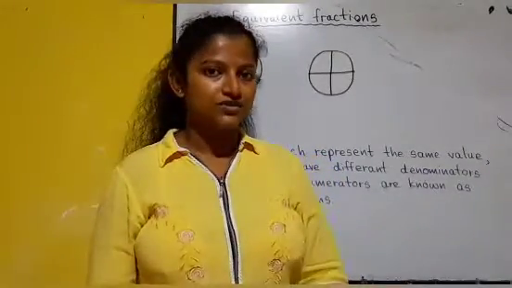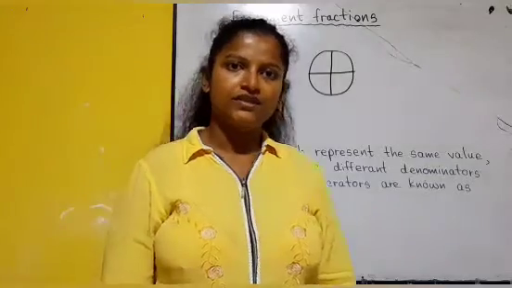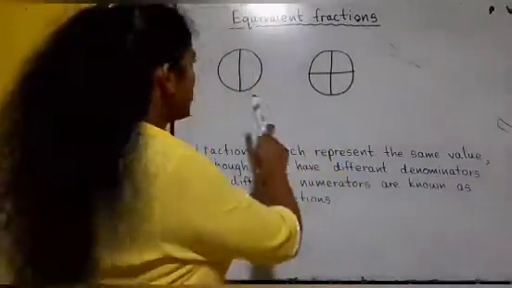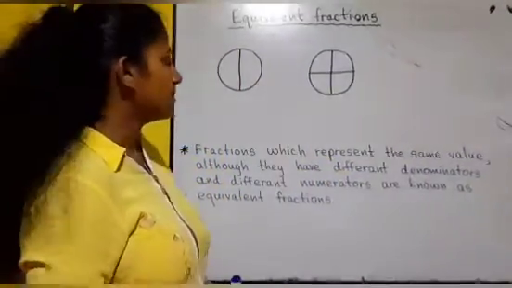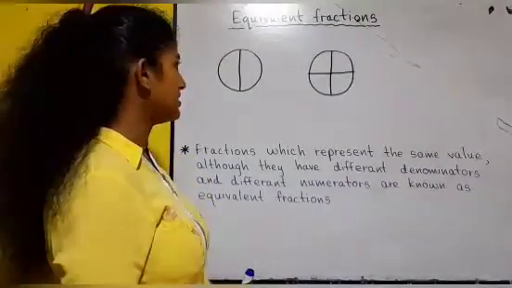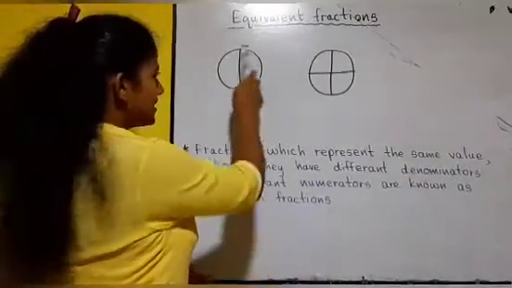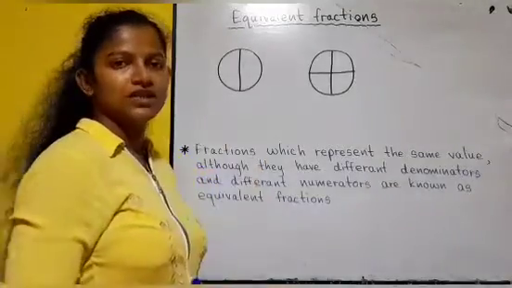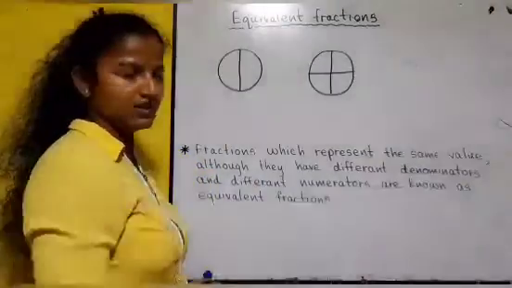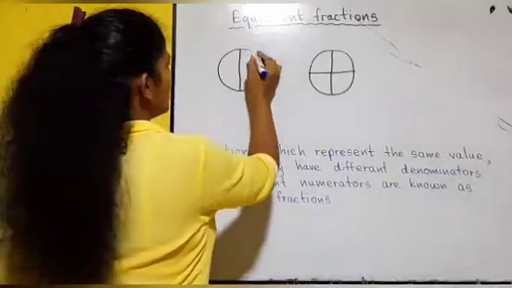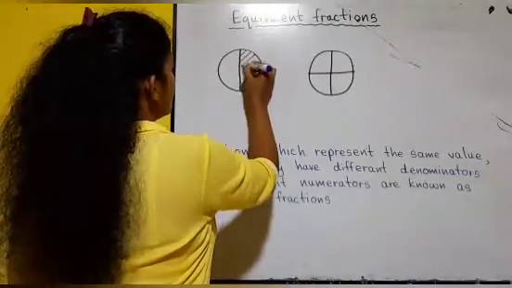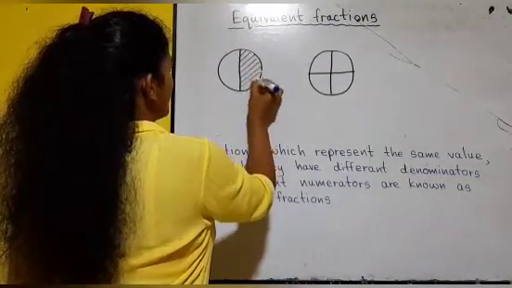Now we are going to learn about equivalent fractions. I have chosen two circles with the same size here. The first circle is divided into two equal parts by me. Then I am going to shade one part in this circle like this.